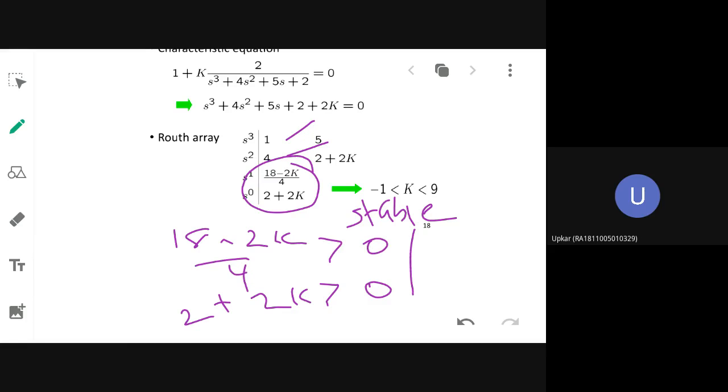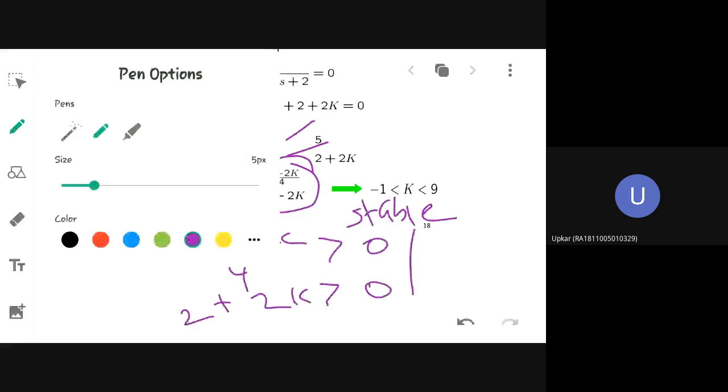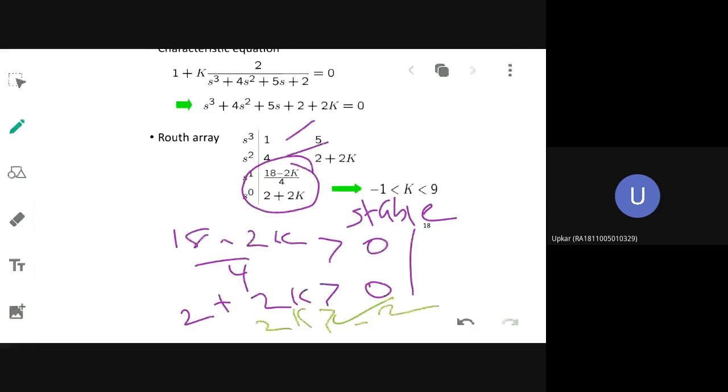So if you solve it, two conditions are there for finding the range of K. For the second condition, 2 plus 2k greater than 0, so 2k greater than minus 2. So K should be greater than minus 1; minus 1 is the lower range.